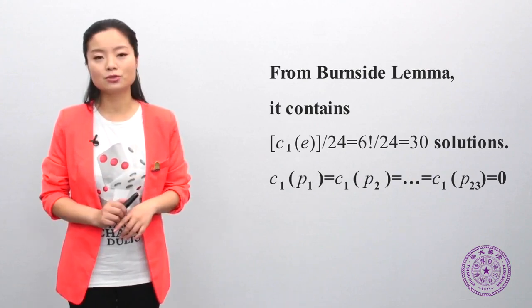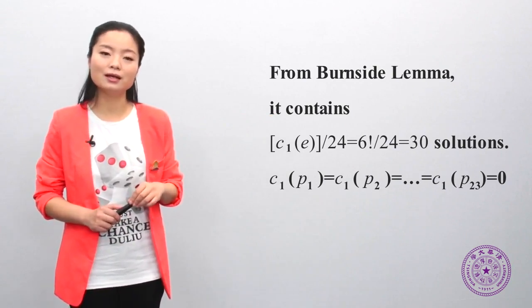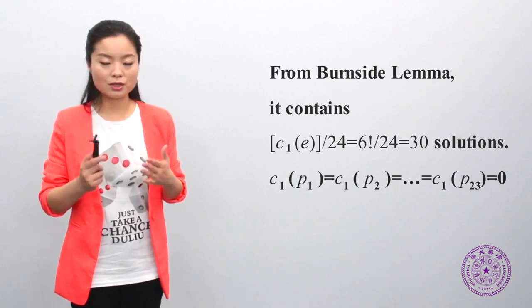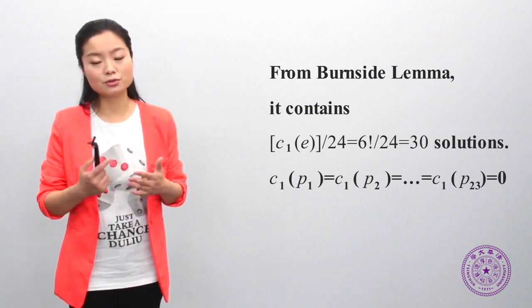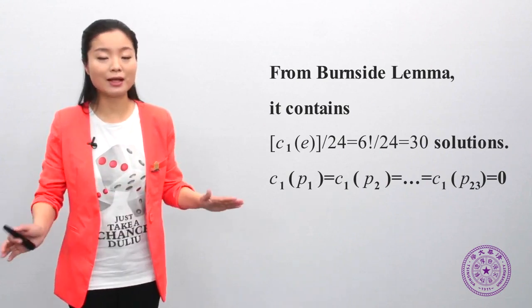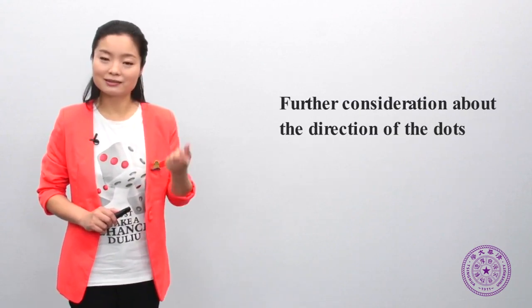Within different permutations, there is only one permutation which contains fixed points. Nothing else matters. Therefore, we can directly apply Burnside's lemma. It should be the number of all the fixed points divided by the number of permutations, which is 6 factorial divided by 24, equal to 30. For other permutations, the fixed point is 0. Is it the answer for the original question?